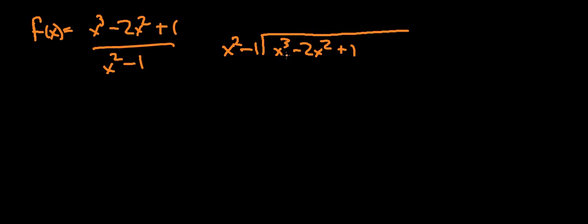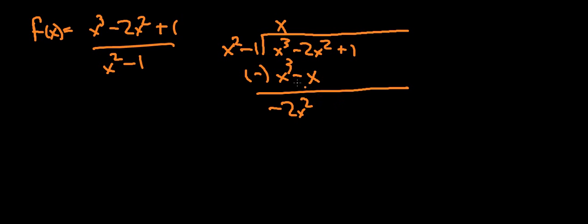So in order to get an x cubed, I need to multiply by x. So I'm going to get x cubed minus x. So these will cancel out. I'll bring down minus 2x squared. This will become plus x. And then we have this plus 1 down here.